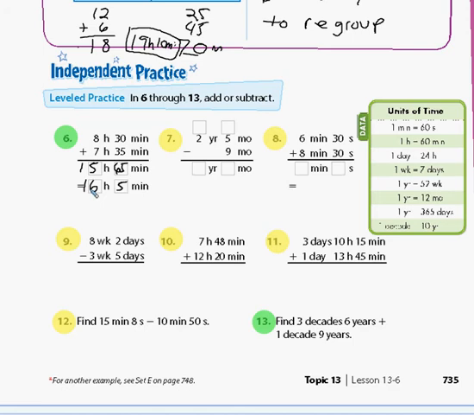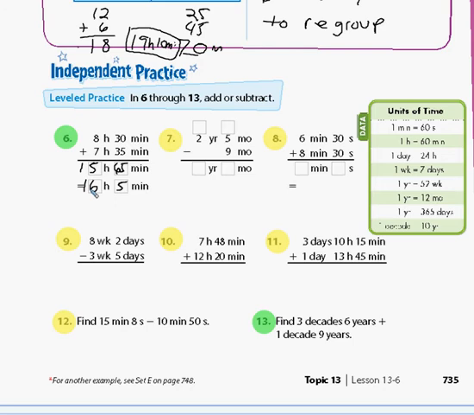Problem number 11 is 3 days, 10 hours, and 15 minutes, plus 1 day, 13 hours, 45 minutes. Problem number 12 is find 15 minutes, 8 seconds, minus 10 minutes, 50 seconds. Problem 13, find 3 decades, 6 years, plus 1 decade, 9 years.